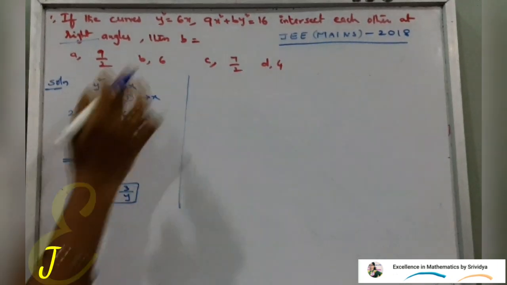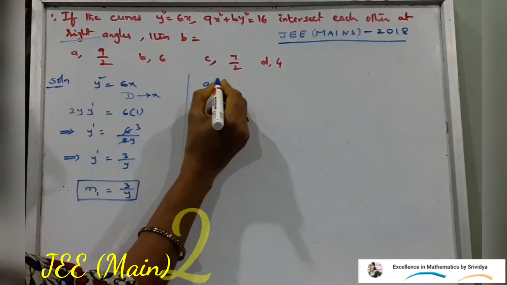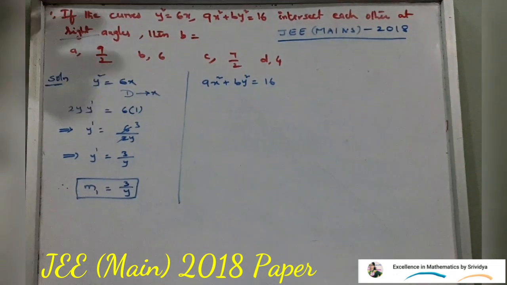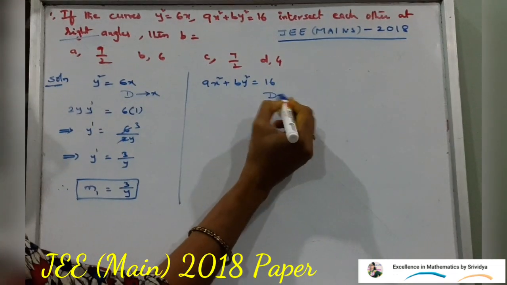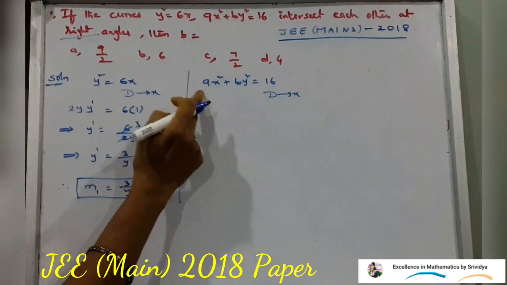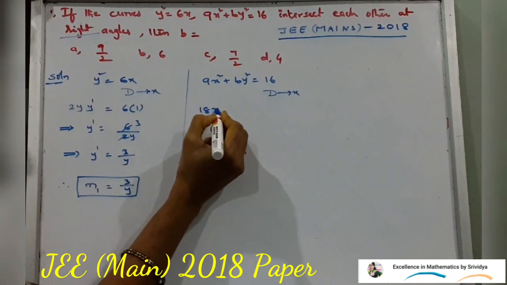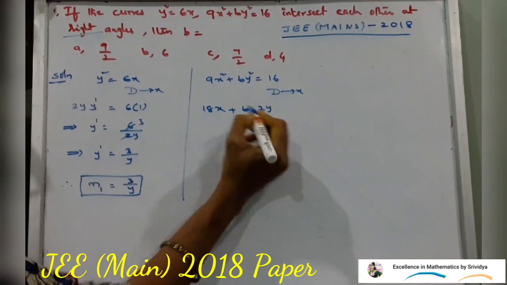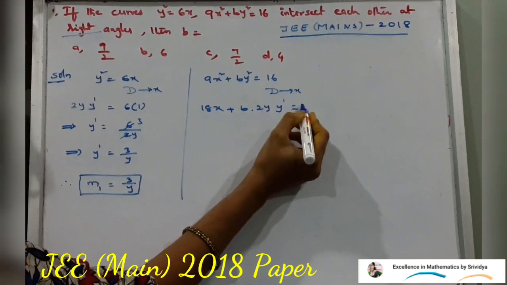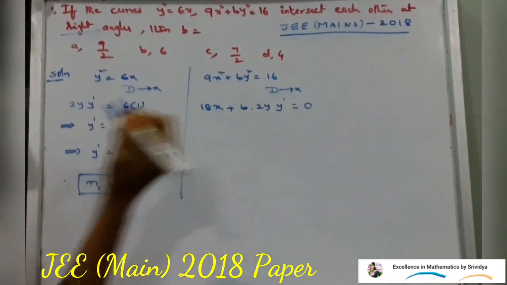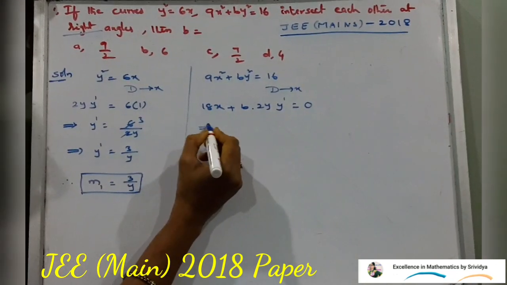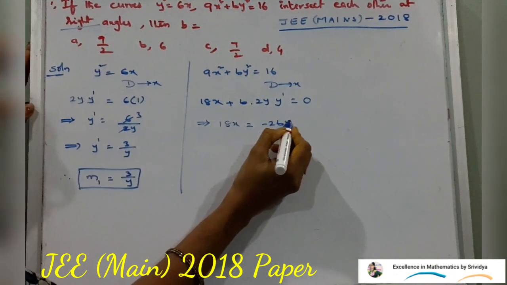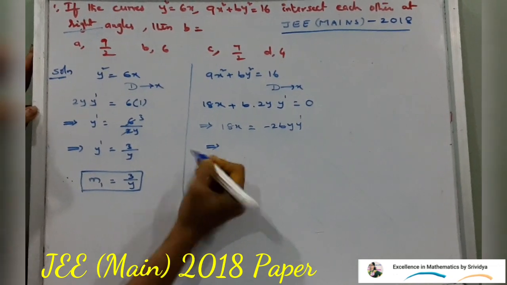Now the second curve is 9x square plus by square is equal to 16. Again differentiating with respect to x, 9x square differentiation is 18x, plus b constant, y square differentiation 2y dash, is equal to the differentiation of the constant, which is 0. This implies 18x is equal to minus 2by dash.